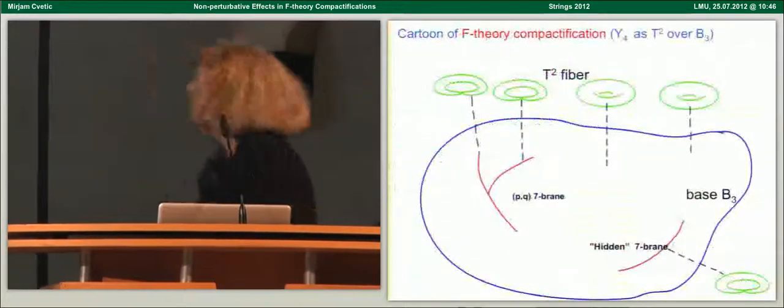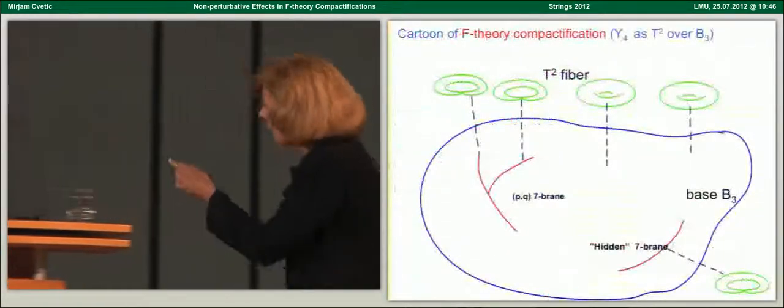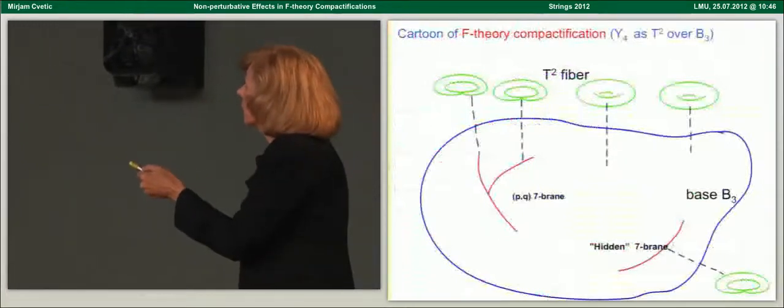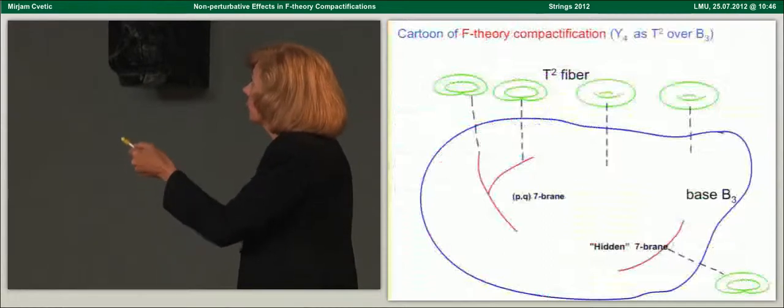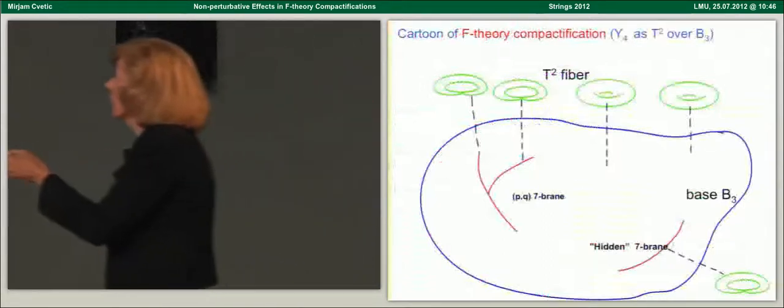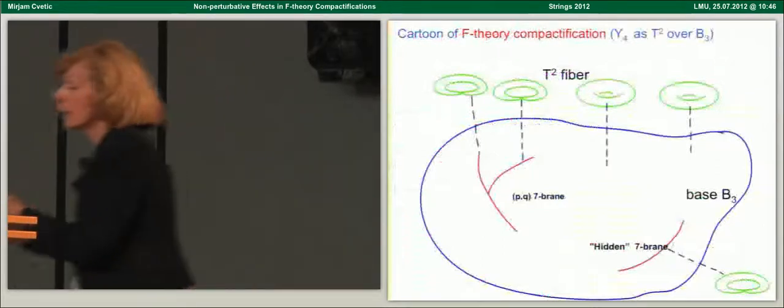So this is a little cartoon that I like to show of how we visualize the appearance of gauge symmetries when T2 fibers degenerate, and the matter at the intersection of the corresponding branes.